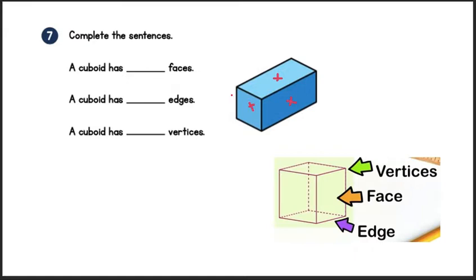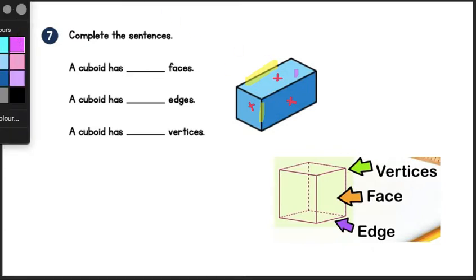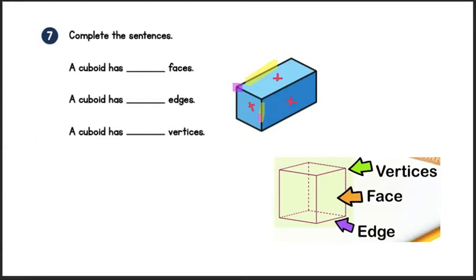An edge is where two faces meet. So you needed to know that this would be classed as an edge, and this also classed as an edge. And vertices is where two or more edges meet. So, for example, this would be classed as vertices, and so would this, and so would this.